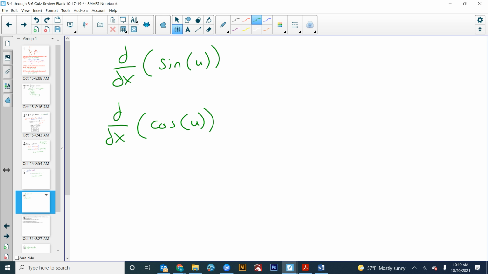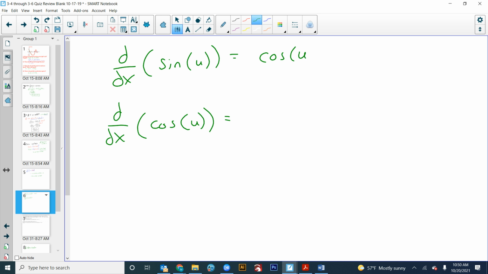I'm not going to do all of these, but here's what I want to address. What's the issue here? The input is not just x, but you're taking the derivative with respect to x. Meaning u is what? What is u? A function of x. Ooh, a function. A function inside of sine? Chain rule. Let's make the rule for this. Ready? What's the derivative of the outer function?